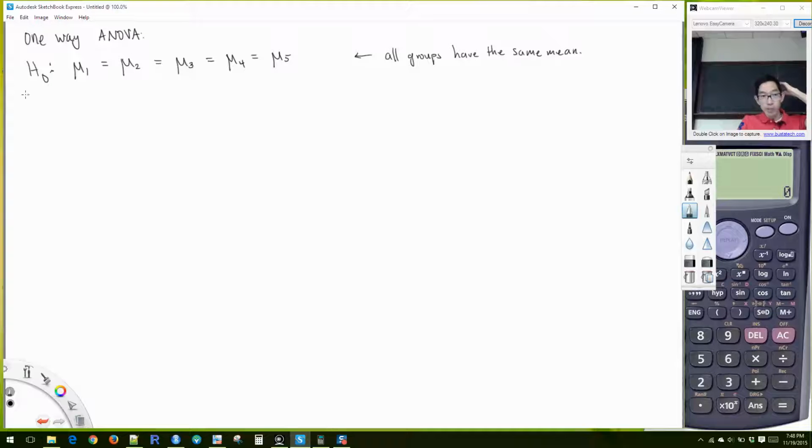The alternative hypothesis is at least one mean is different. In this case, it's always a non-directional alternative.